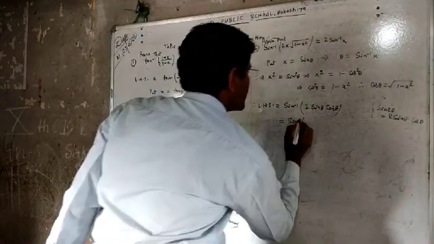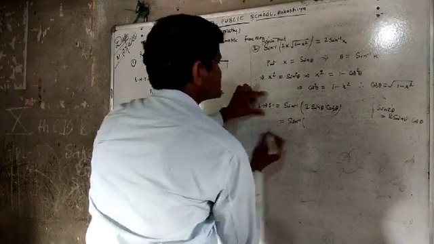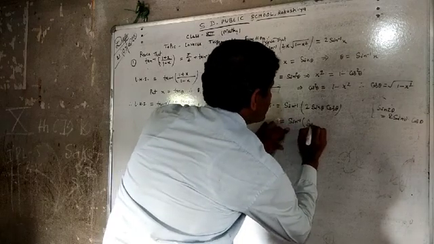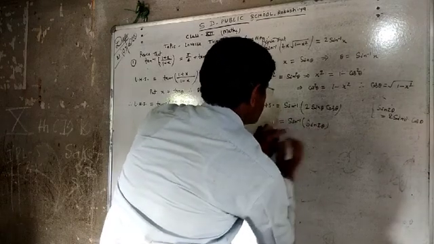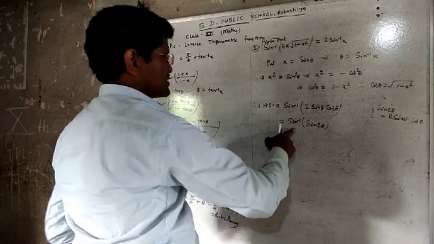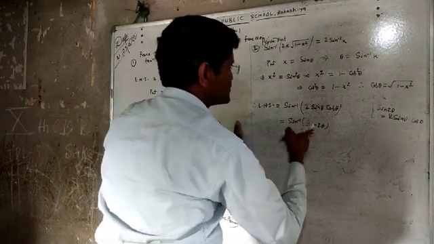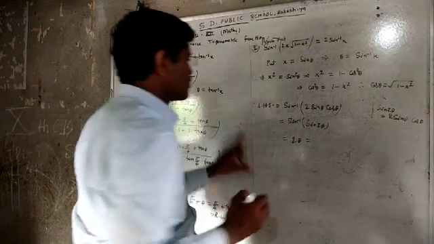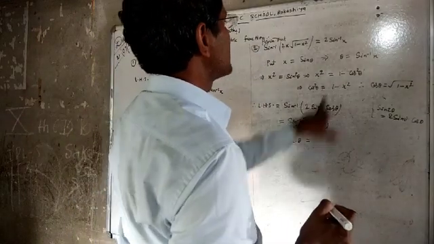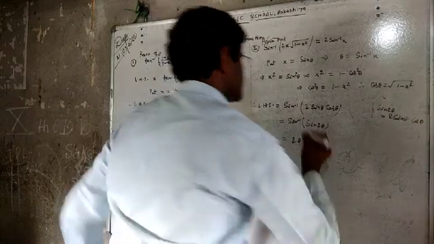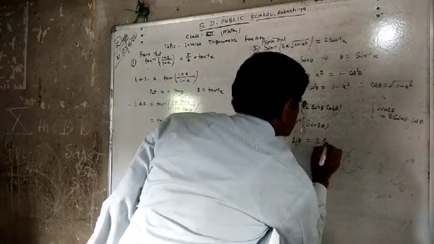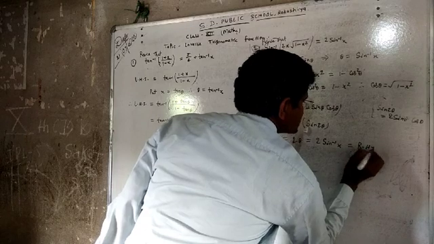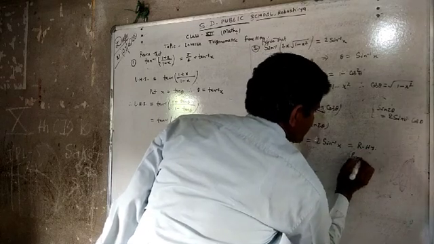Hence, LHS becomes sine inverse sin 2 theta, which is equal to 2 theta. Now we can put the value of theta as sine inverse x, meaning 2 sine inverse x. It is RHS and it is proved.